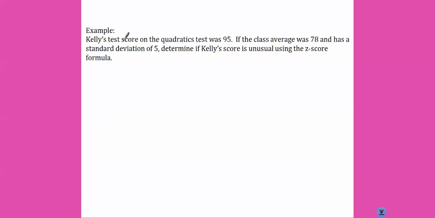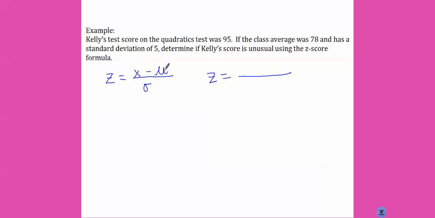So Kelly's test score on the quadratics test was 95. If the class average was 78 and has a standard deviation of 5, determine if Kelly's score was unusual using the z-score formula. So we're going to calculate what z is. And remember, it's x minus mu over standard deviation.